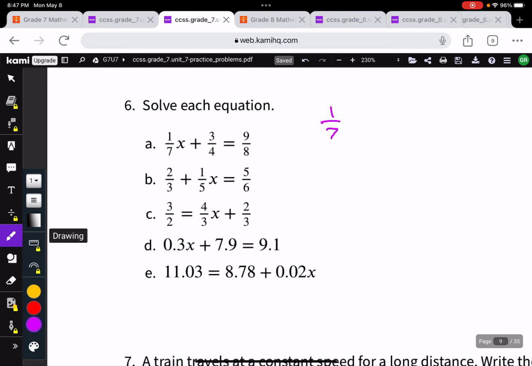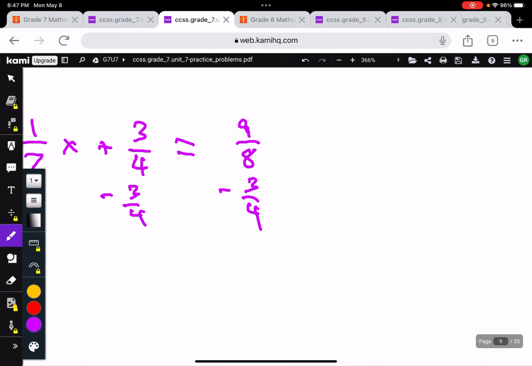1/7 x plus 3/4 equals 9/8. Step 1. There are no parentheses, so we actually can subtract 3/4 from each side. It's been a while since we've had to add or subtract fractions. We need common denominators. So 3/4 minus 3/4, those cancel each other.